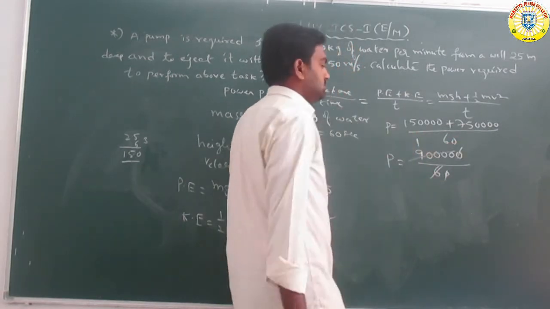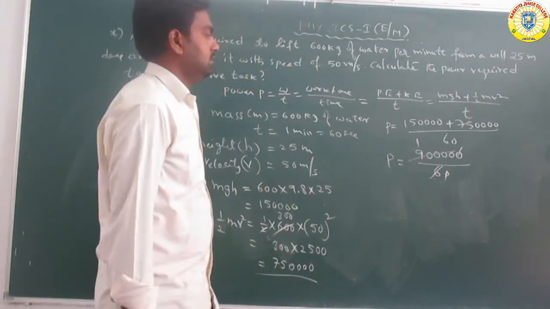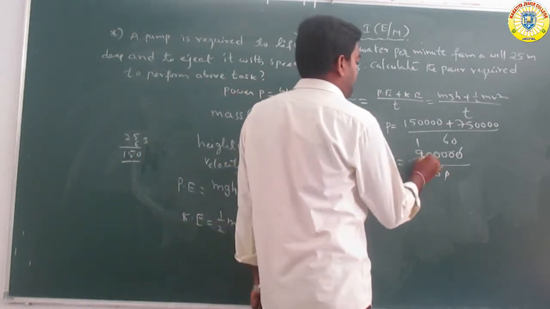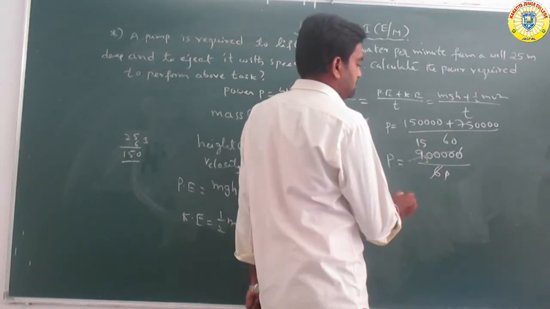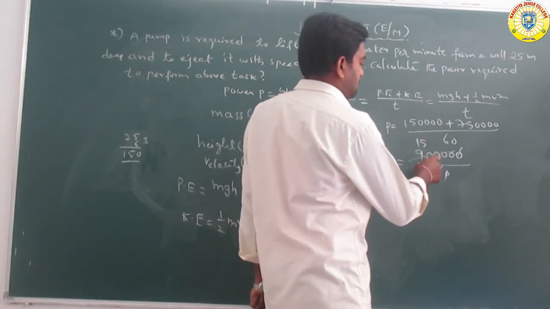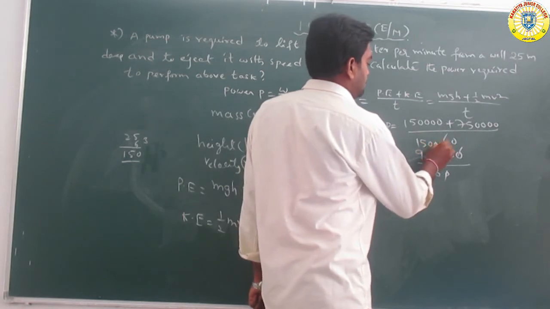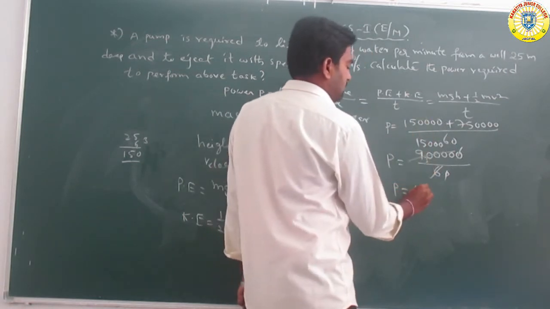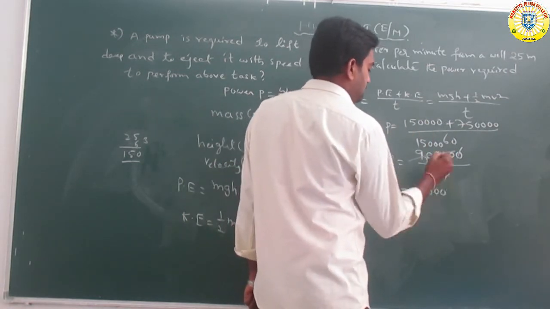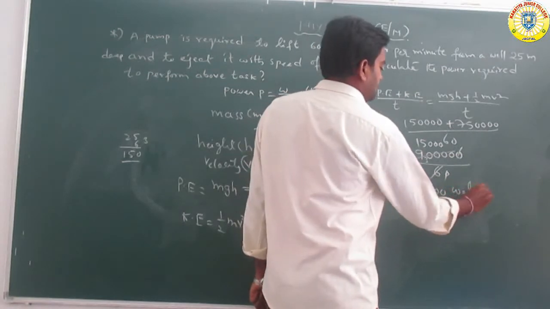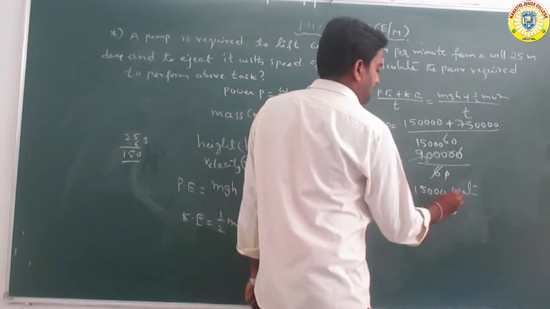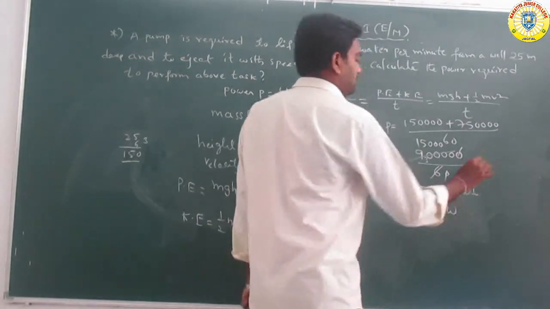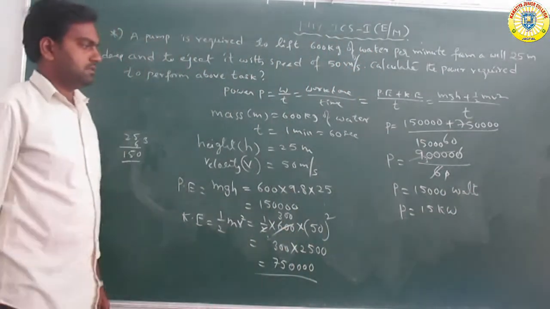Simplifying, power P is equal to 15,000 watts. That means P is equal to 15 kilowatts.